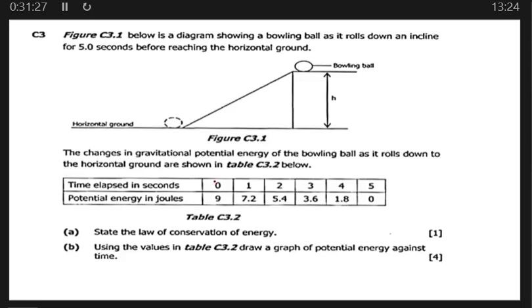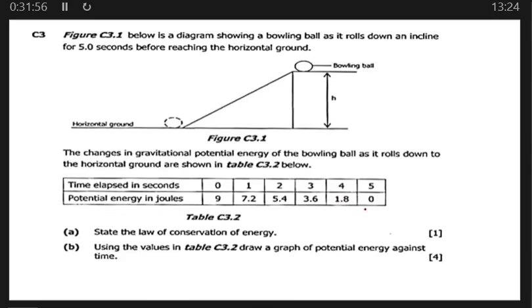So at 0, when no time passes, it has this potential energy. When 1 second passes, it will have 7.2 potential energy. When 2 seconds, it will have 2.54. When it is at 3 seconds, as it is still dropping, it will have potential energy of 3.6. When it reaches 4 seconds, it will have the potential energy of 1.8.